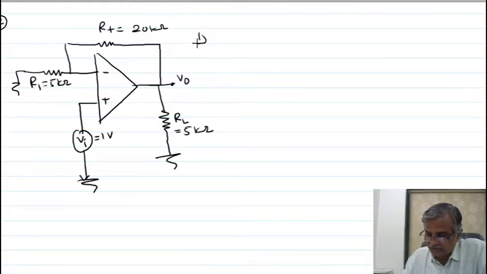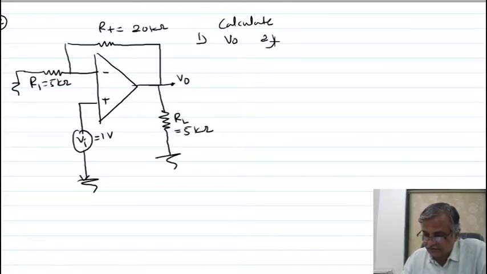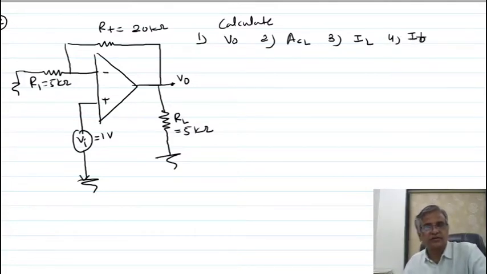First question, calculate VO. Second, closed loop gain. Third, your IL, the load current. Fourth, output current for the output pin.